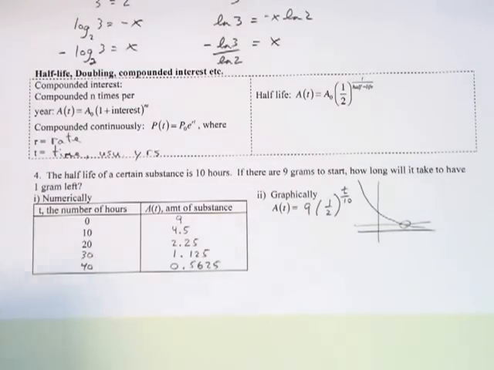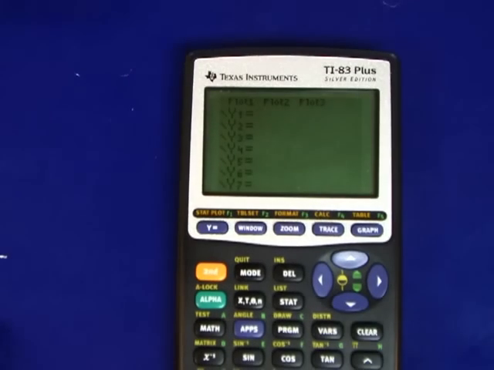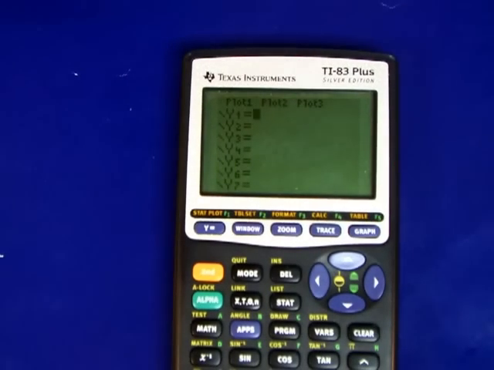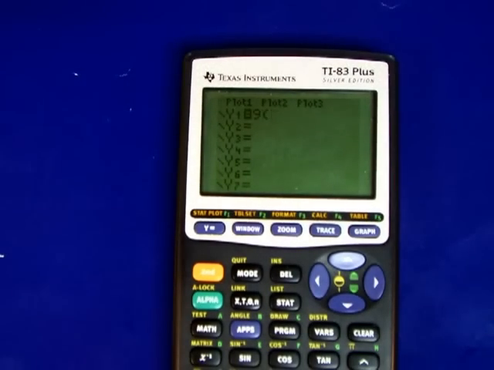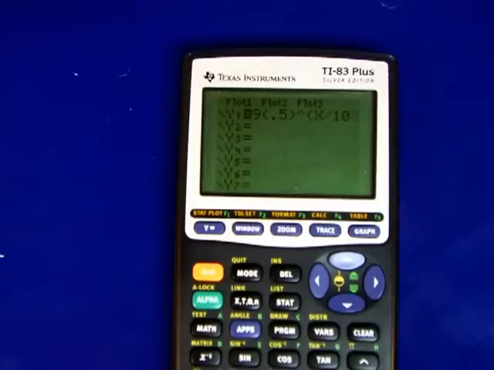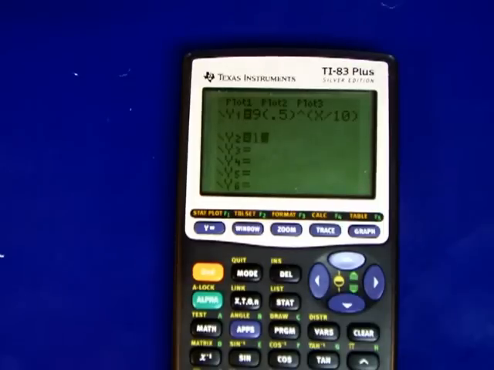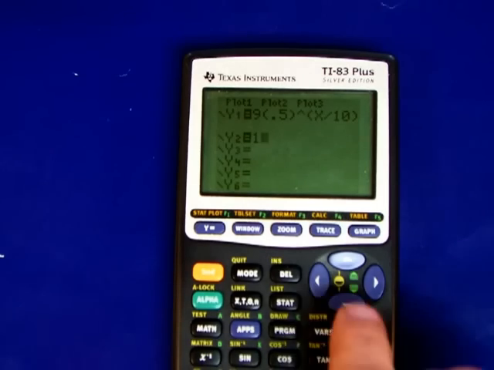So what we want to do is calculate that value. Let's see, how would we go about doing that here? Let me turn on the calculator, and let's type in the equation. 9 times 0.5 to the power of x divided by 10. And we want to see where that intersects 1. Now there are two different ways we can go about doing it, and this is one of them, and I'll show this.